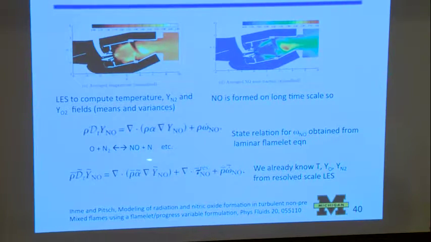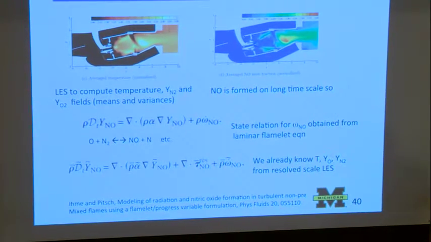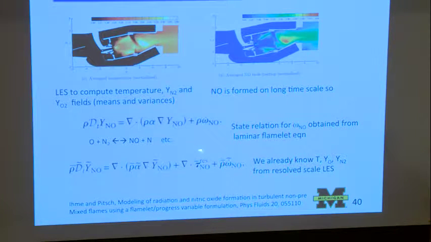I need to know the temperature, but I don't need to know anything about the other species. Well, OH would be nice, I guess, but in theory, you might know the OH as well everywhere in this big volume.